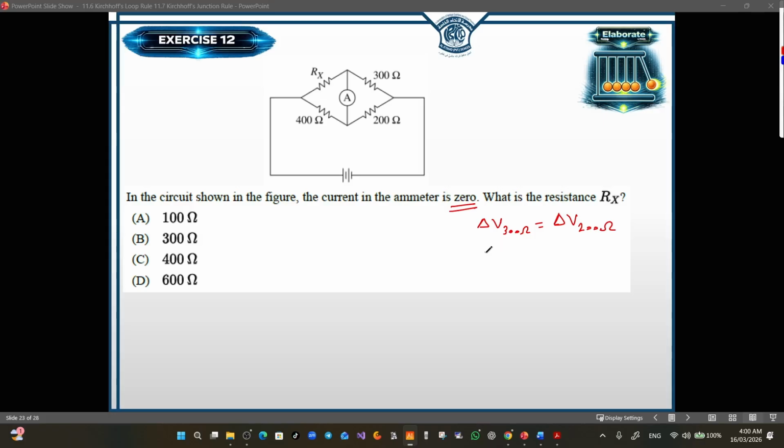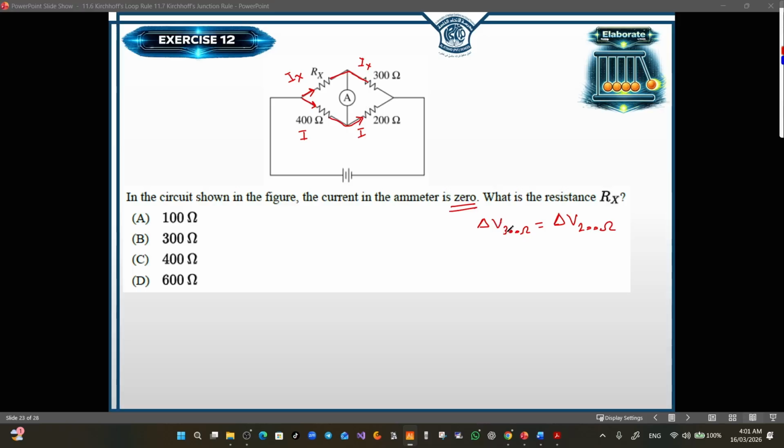According to Ohm's law, this can be written as follows. Let me assume that the current here is Ix and the current here is I. So also the current here will be Ix, and here it will be I, because the ammeter here is measuring 0 current, so no current will escape in this branch.